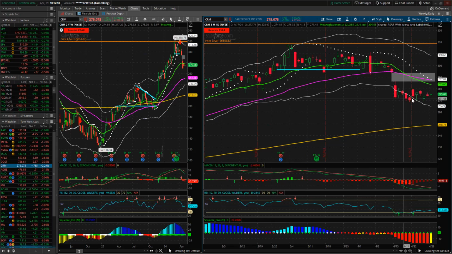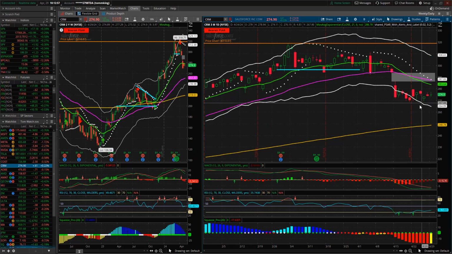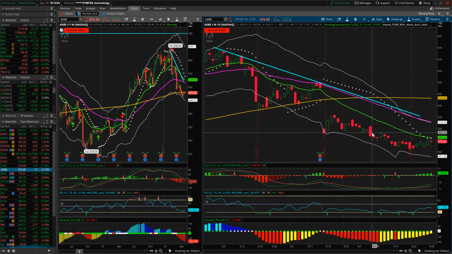So I like where we are here, potentially for a reversal trade. I would think a put credit spread is also potentially worthy in CRM. Not one of my top trades right now, but Adobe is. So I love the fact that I think we've come down nice, orderly. We've bottomed in here. Okay.